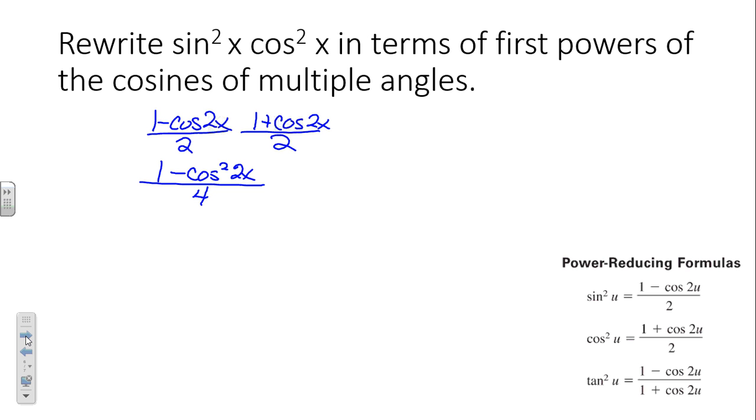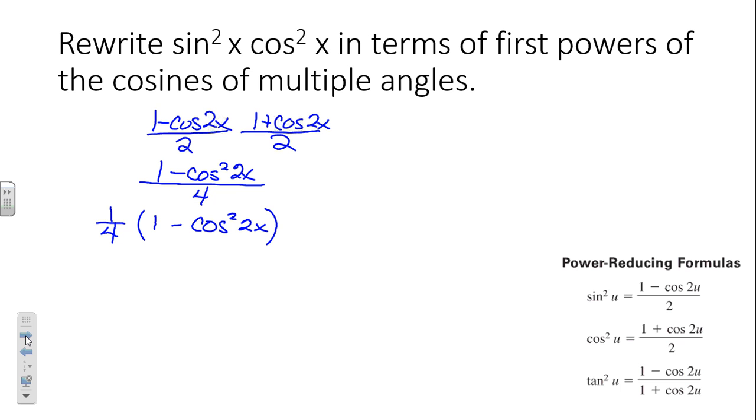We reduced the power once, right? Both of those had a squared term, but now we're back to having a squared term again. So we have to use our power reducing formula again. Now here's what I would suggest. It gets messy when you have fractions within fractions. So this has a common denominator of 4. Can we call this 1/4 times 1 minus cosine squared of 2x, factoring that fourth out?